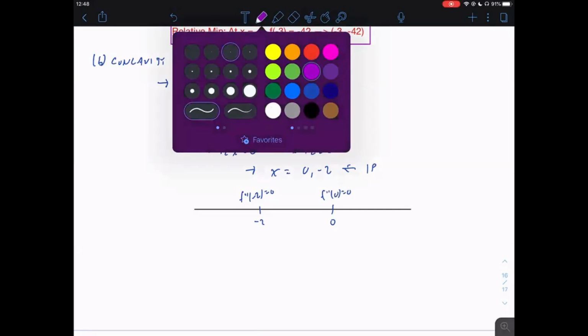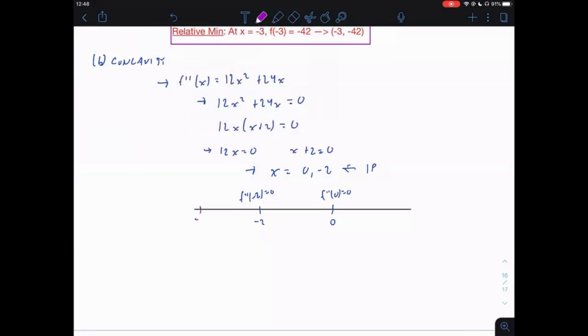So let's pick some test points here. Let's do, say, -3, -1, and 1.